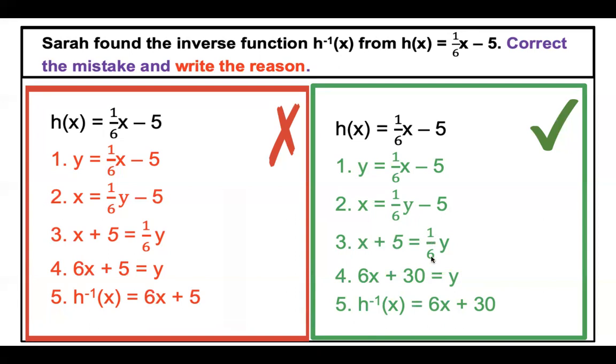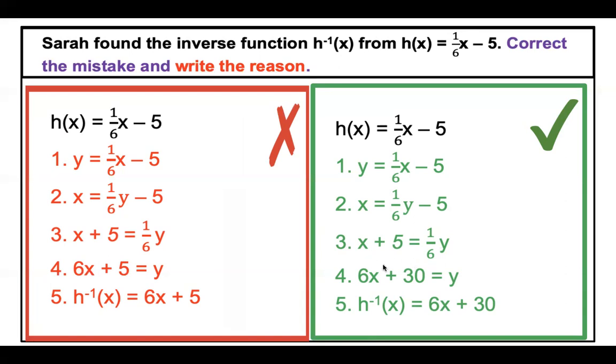And 1 over 6, how do you eliminate it? 1 over 6 is like dividing by 6. To eliminate 1 over 6, we multiply by its reciprocal, which is 6. So 6 times 1 over 6 becomes 1. So you multiply 6 on both sides.